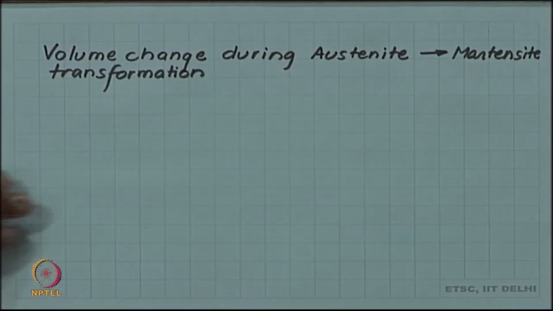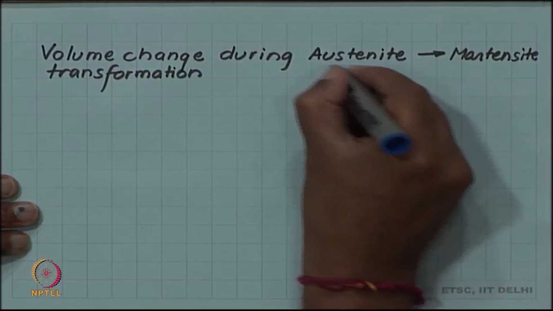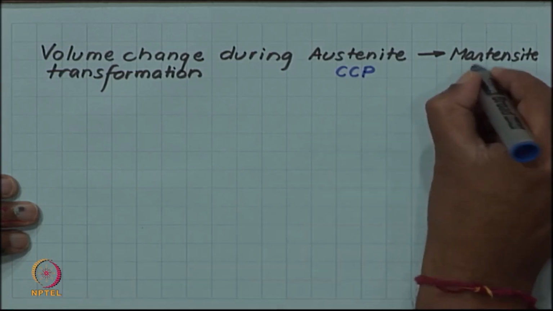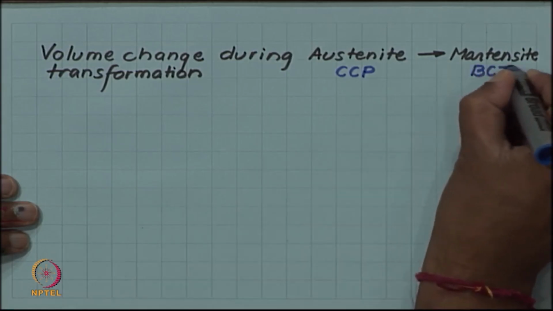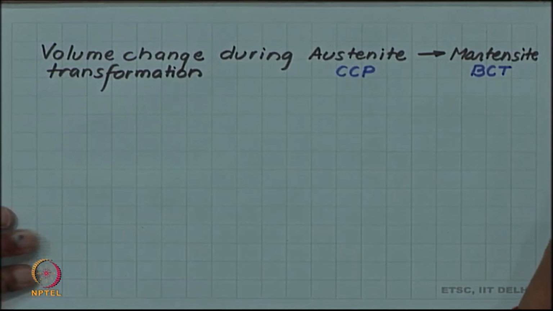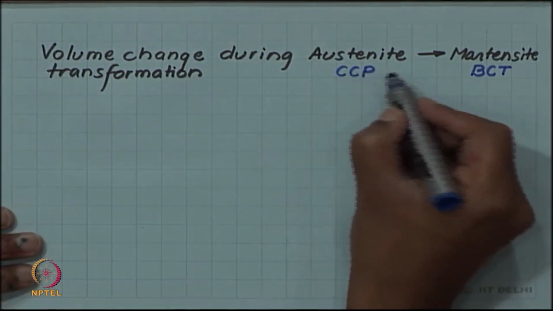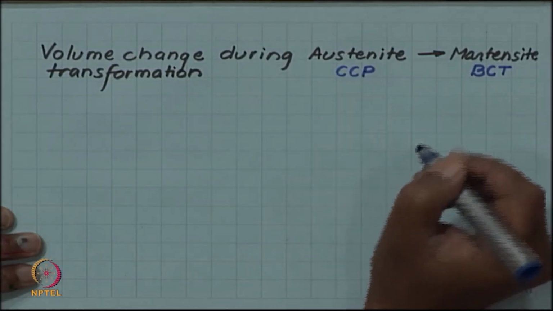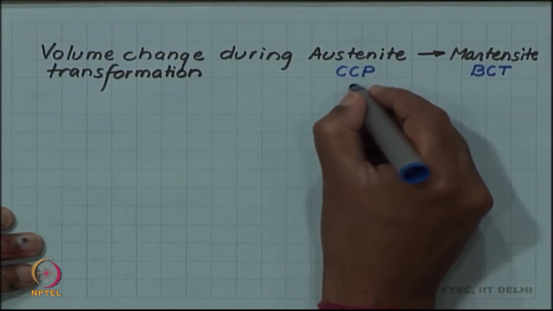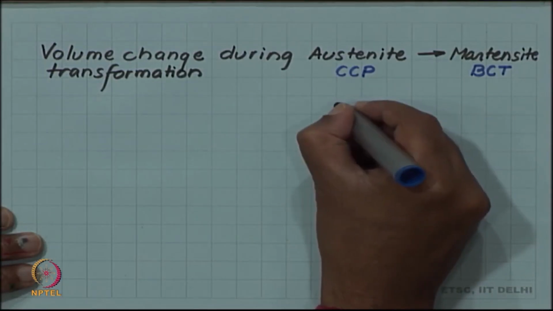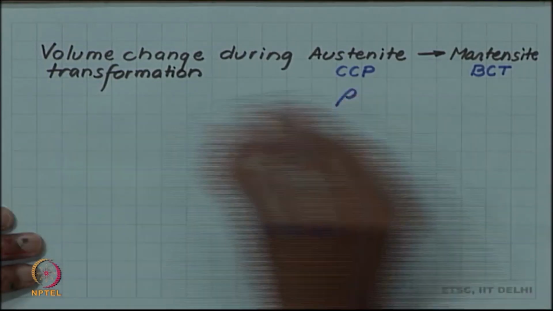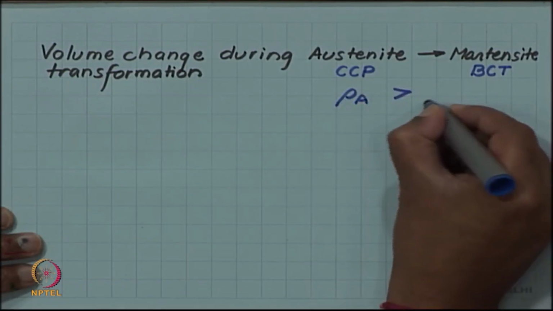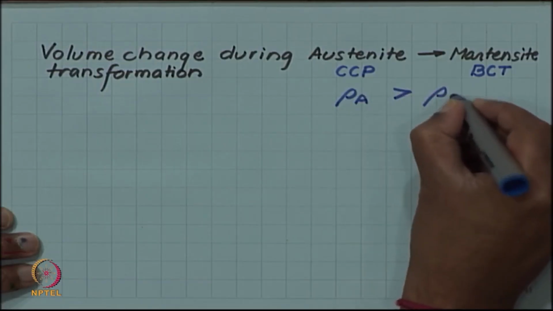We have looked at the crystal structure and we said that the austenite was cubic close packed, whereas martensite was body centered tetragonal, which obviously means that a cubic close packed structure is the densest packing possible for a given set of atoms. So, this will have the highest density. So, if I write by rho the density, density of austenite is greater than density of martensite.